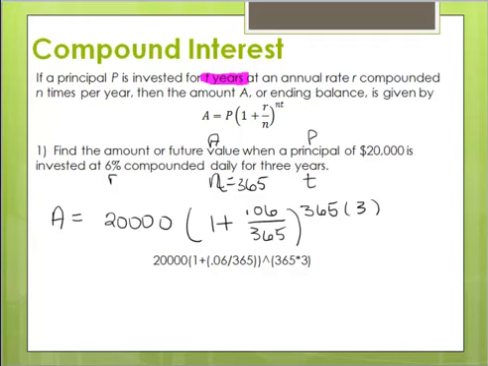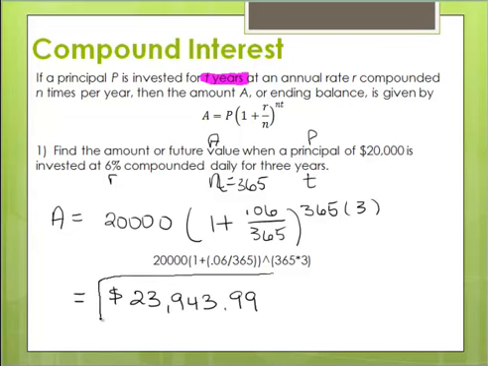When I calculate that, it gives me the final amount of $23,943.99. That means that you actually earned $3,943.99 in interest.